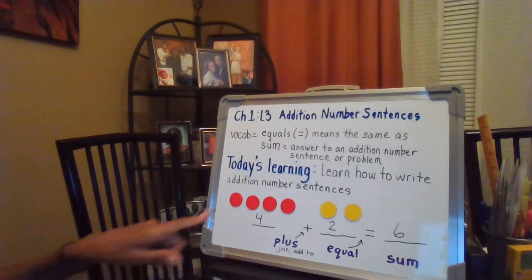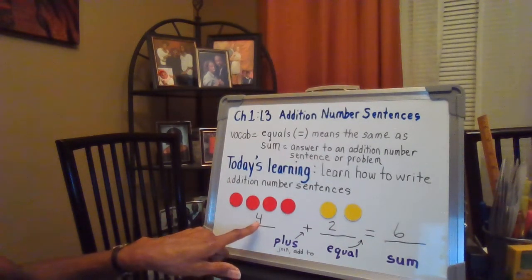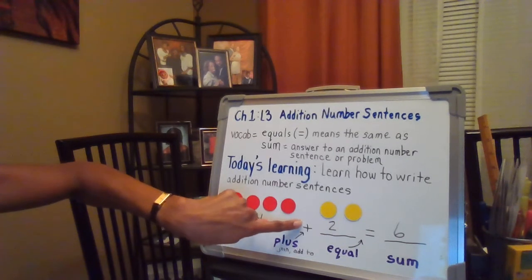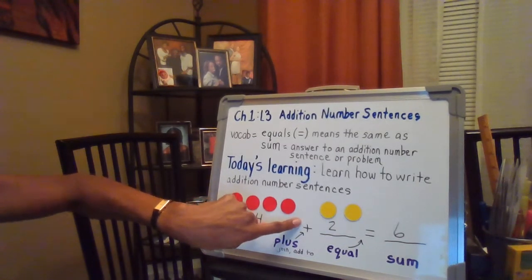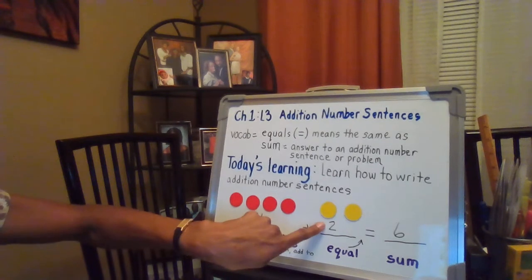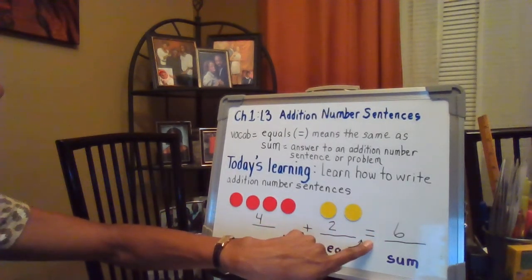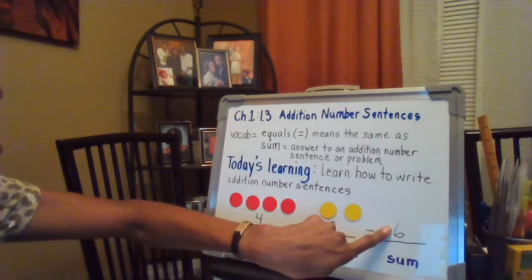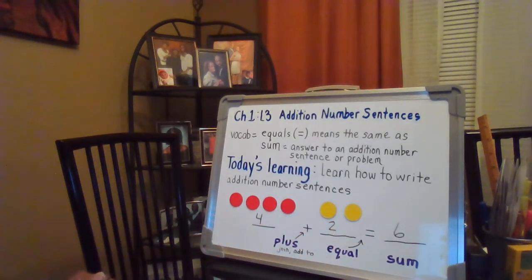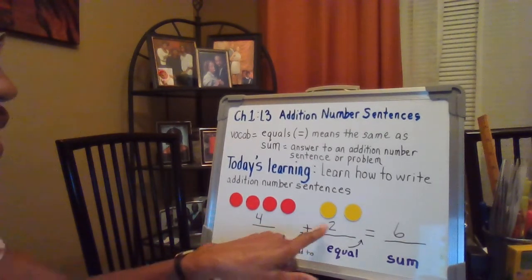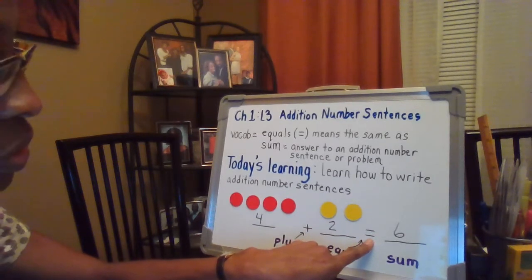Now, the 4, the symbol plus, which means to join or to add to, and the second number 2, followed by the equal sign, and the number 6 is called your addition number sentence. So this is the symbol plus, and this is the symbol equal.